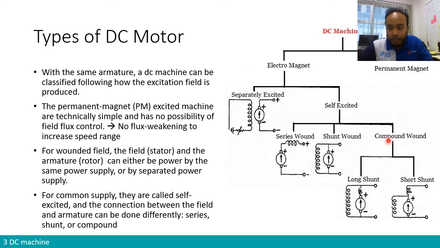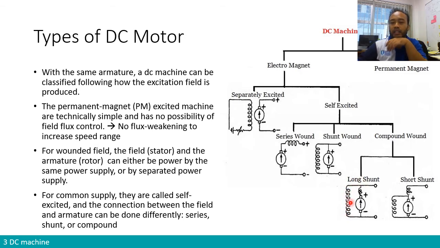The other possibility is a mix of both, long shunt or short shunt. In long shunt, in terms of the field winding, one portion, a small portion, will be connected in series, and a larger portion of the field winding will be connected in parallel, in shunt.